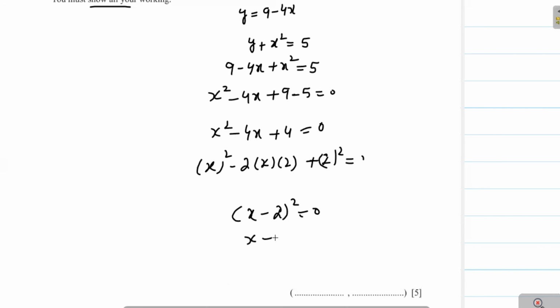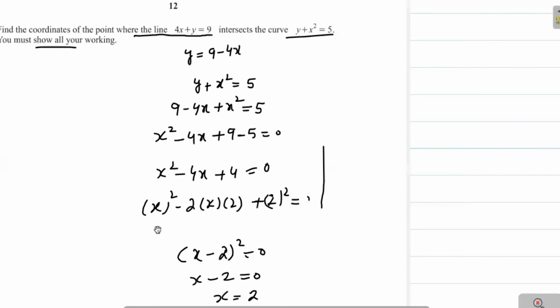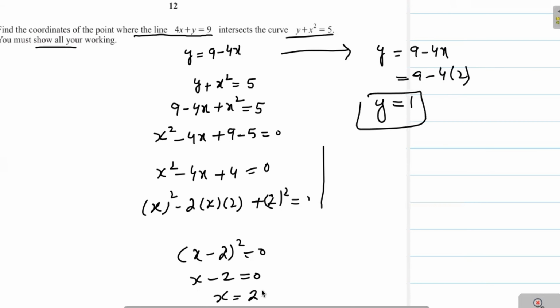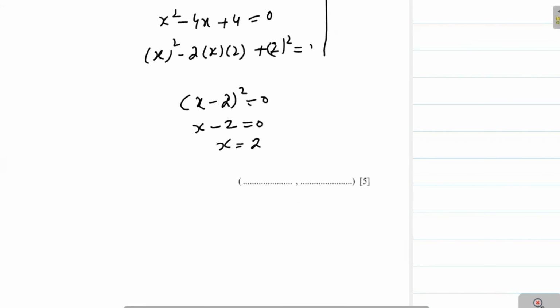Therefore, x minus 2 equal to 0 and x equal to 2, and y will be equal to 9 minus 4x, 9 minus 4 into 2, and this equals 1. Therefore, the coordinate of the point where both line intersects is 2, 1.